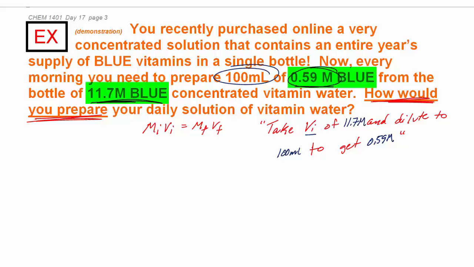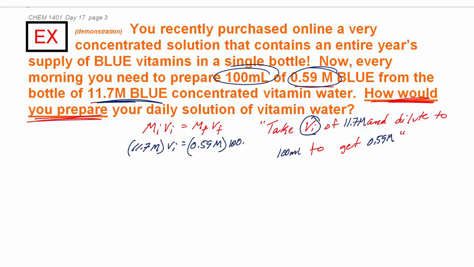We just have to figure out what Vi is. Okay, let's calculate it. Mi is 11.7. We'll solve for Vi. Mf, we said, was 0.59. Vf is 100 milliliters.